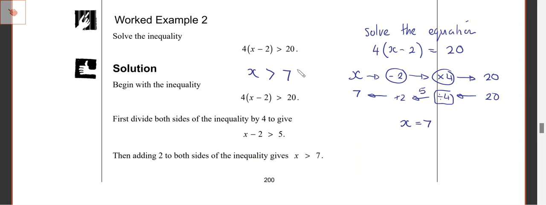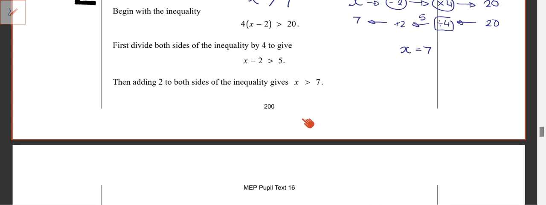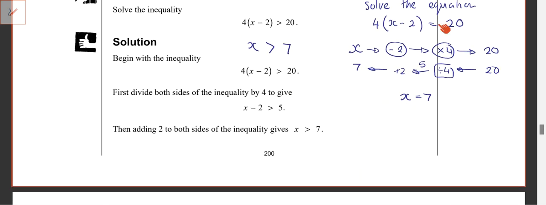All we have to do is, whatever we would do to solve the equation, we can pretend that it's an equal sign, but at the end, we can just say, well, it's got to be greater than 7 instead of equal to 7. Okay? Make sense? Okay, so there's the solution. That shows you, look, they've done it in a slightly different way, we've done it in that way. We've written that down.